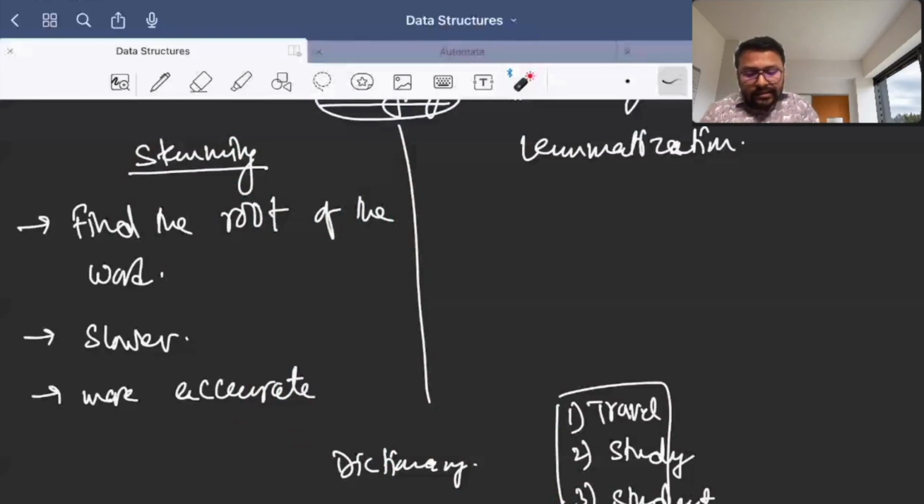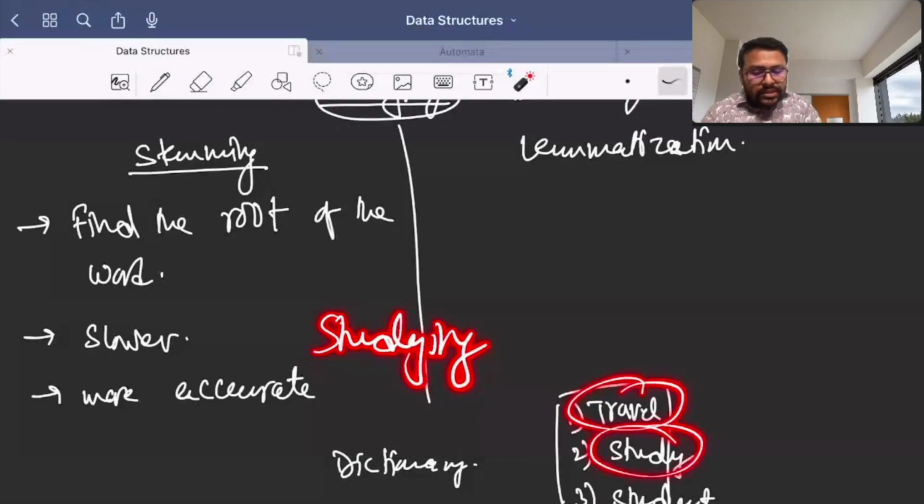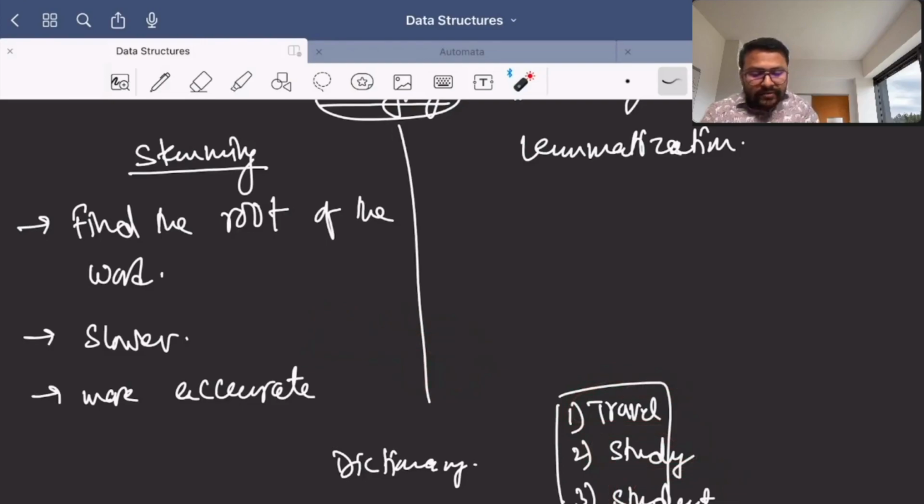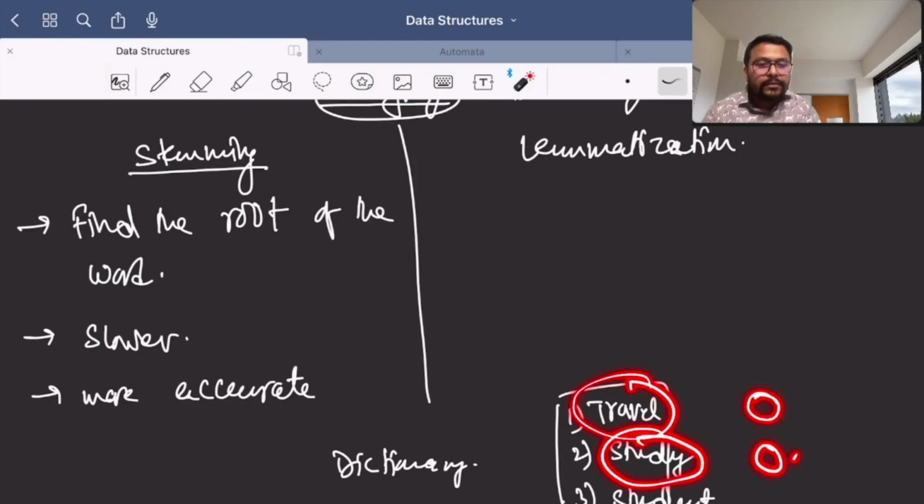This studying word will be compared with each of these words, and it will find the score with which word it is most matched. So if you match studying with travel, probably you will get a 0 score. If you match it with study, probably you will get a score of 0.9 out of 1.